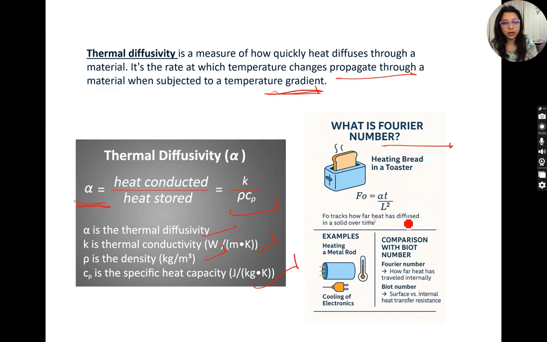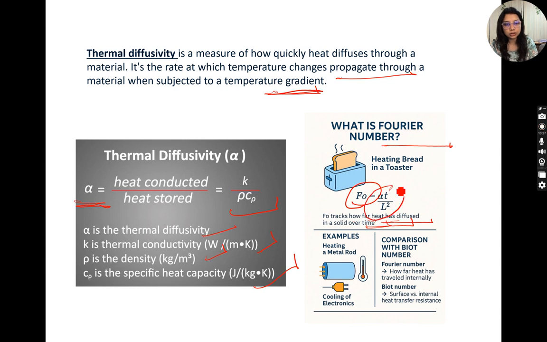The Fourier number, denoted Fo, measures how far heat is diffused in a solid over time. It is a number which depends on time, and as we are talking about how far, it relates to the length of the material.